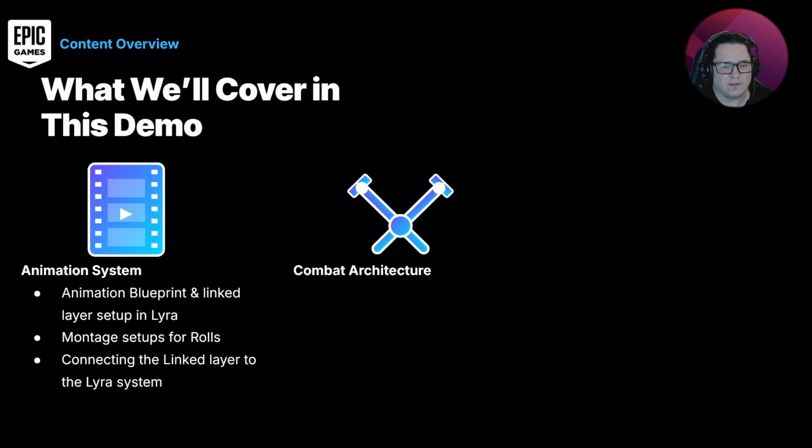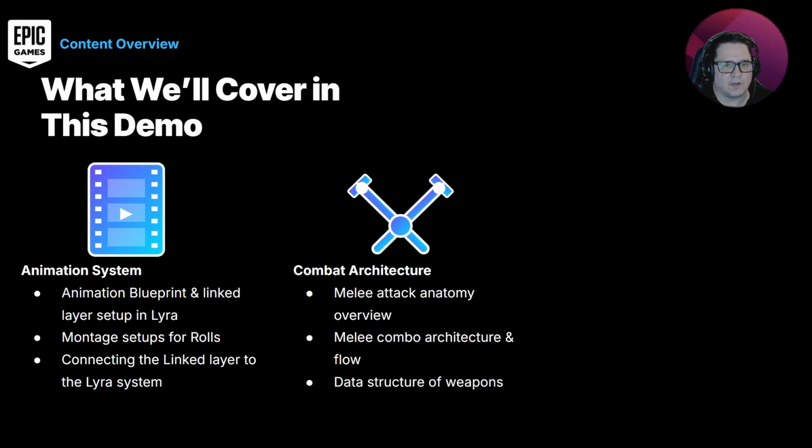Then we're going to understand the combo architecture that I created, the montage anatomy overview for each individual attack, and how I use that montage anatomy to create the combo flow. Then I will explain how to use the data structure of the weapons to be able to use the weapon as a proper equipment in Lyra.